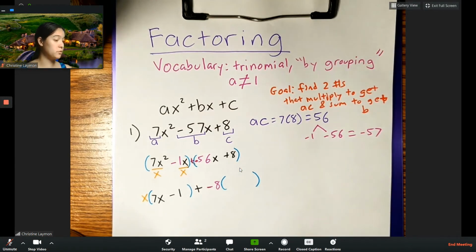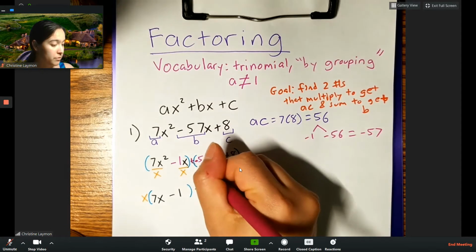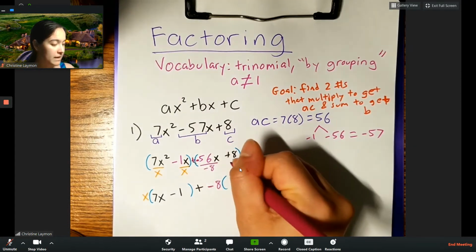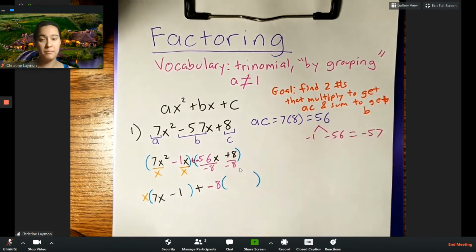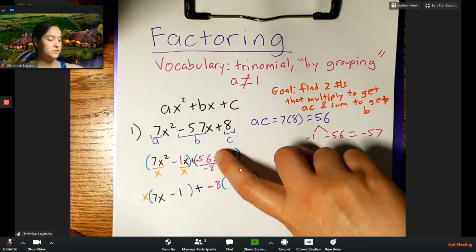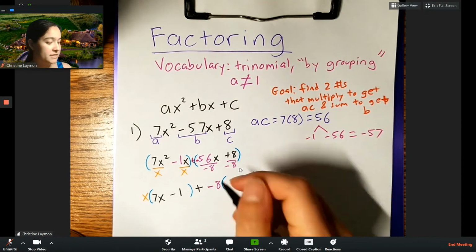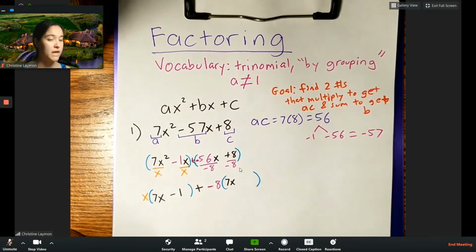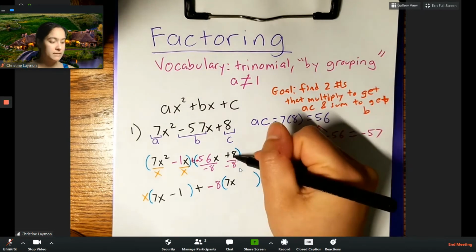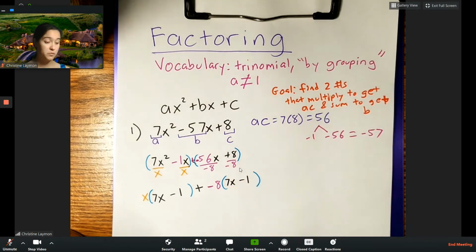Again, the question is, what am I left with? I'm going to divide that by negative 8, divide that by negative 8. Negative 56 divided by negative 8 is positive 7, and I've still an x there, so 7x. 8 divided by negative 8 is minus 1.